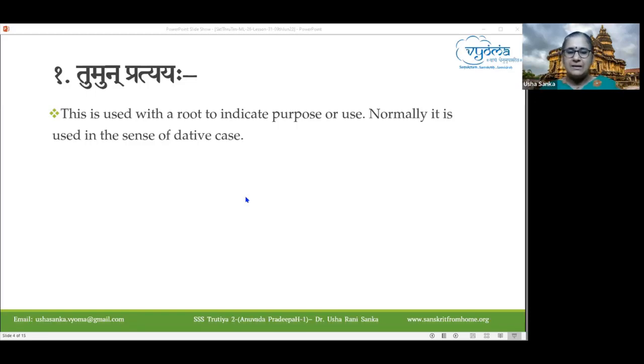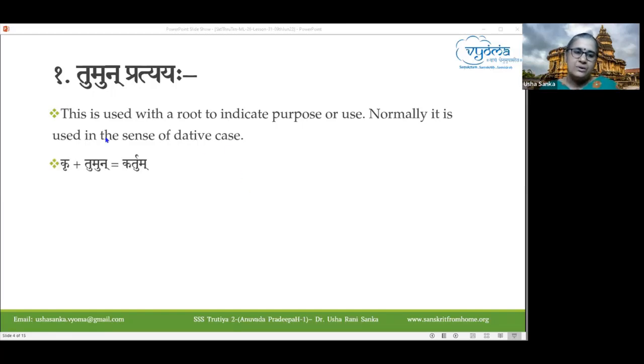Bhakshitum gacchami, khaditum gacchami. That kind of usages are there. So please remember the action word, the verb, is used as a noun, khadanam. Then hasanam, smiling. So that will get a chaturthi.